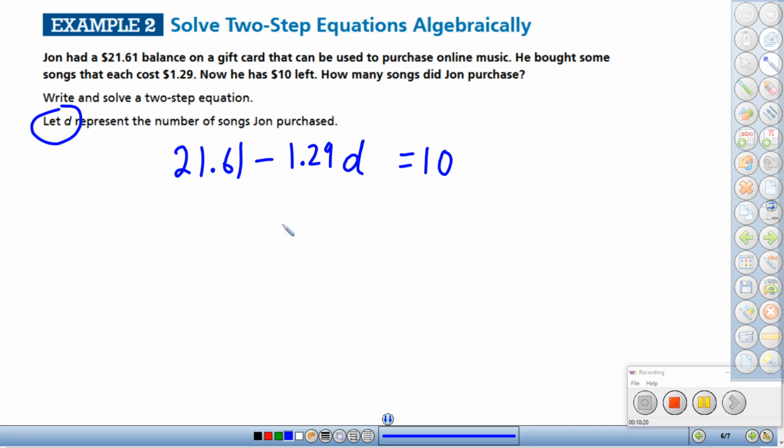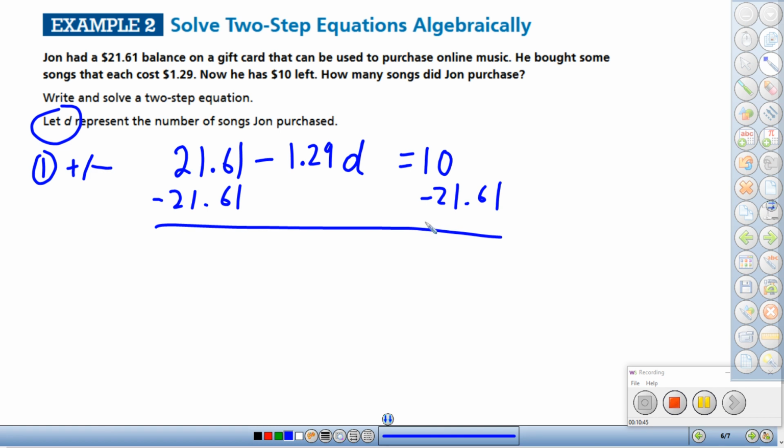Here we go. This 21.61 is a positive number, even though you don't see a positive sign in front of it. So we're going to subtract $21.61. That's our first step, right? Add or subtract. But again, we do it on both sides, so minus 21.61. This becomes 0. We have negative 1.29D equal to negative 11.61.